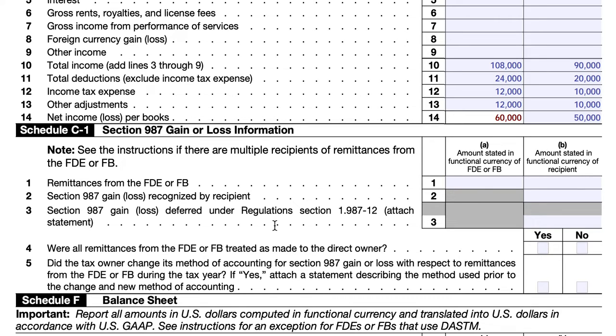So basically, if two currencies are involved and it's all within the same owner, you don't need to fill out Schedule C1. This is simply there if there are multiple owners, multiple entities, and multiple types of currency that you have to then convert back and forth.